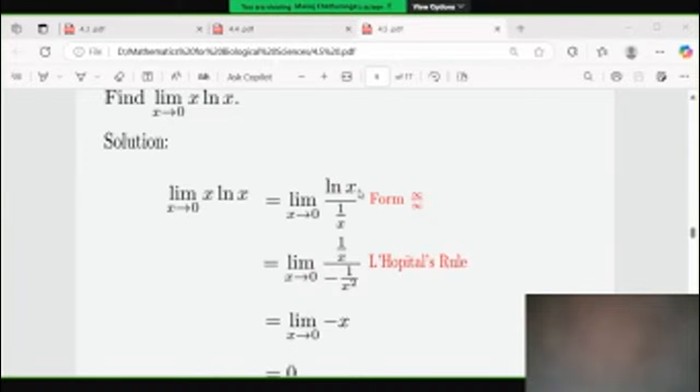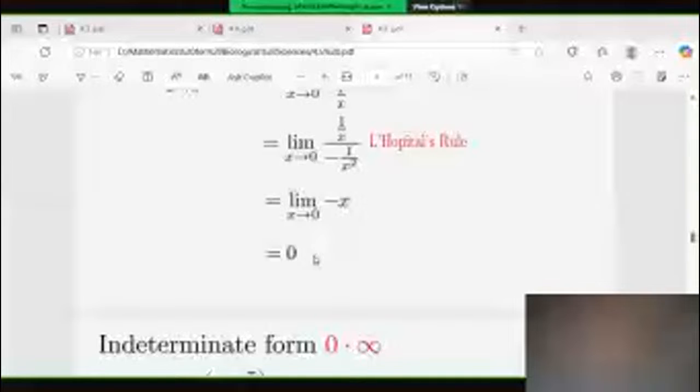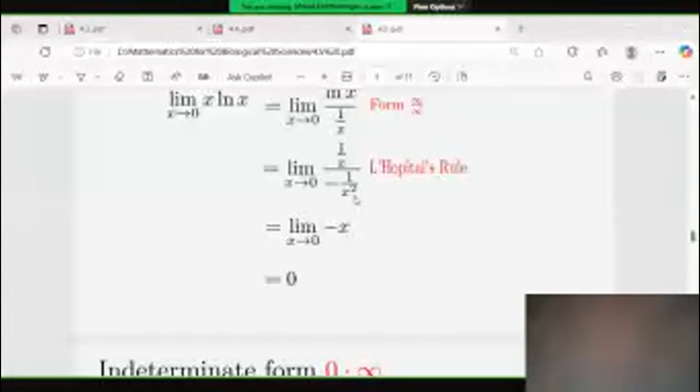Let's differentiate the numerator and denominator separately. You'll get 1 over x for ln x and negative 1 over x squared for 1 over x. After applying L'Hopital's, simplify it. You can easily simplify this to get minus x.